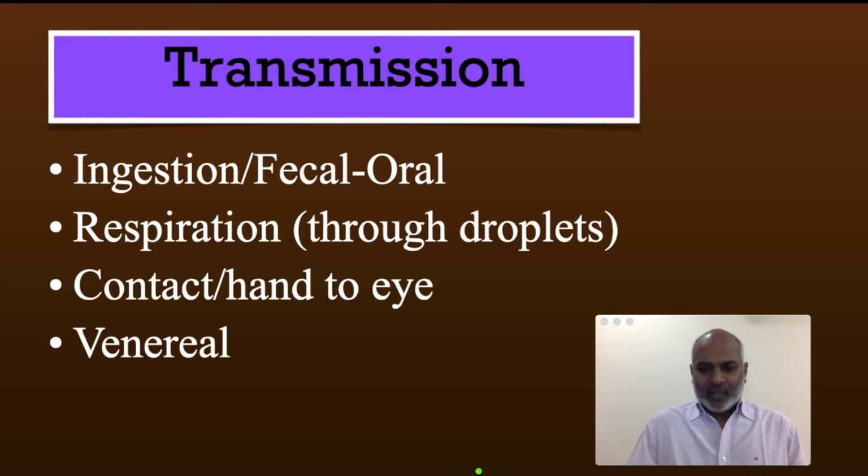As we have been seeing, the transmission is similar to the coronavirus, COVID-19, because it is transmitted from one person to another through droplet nuclei, and also through contact, such as contaminated contact lenses, from hand to eye, or by handshaking from one person to another.